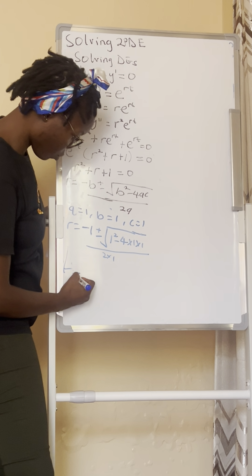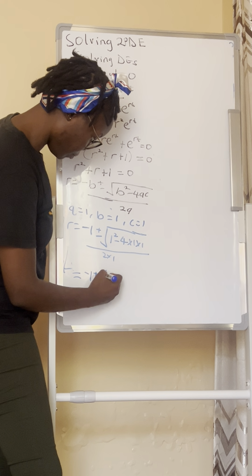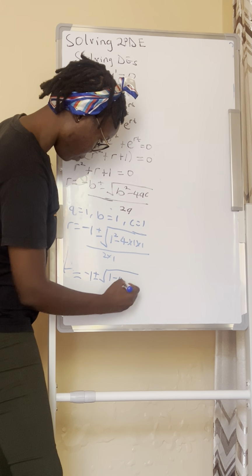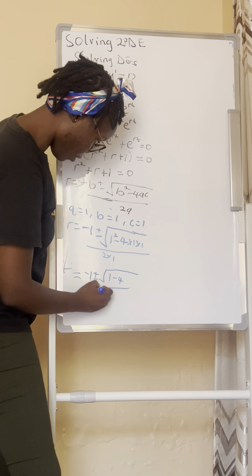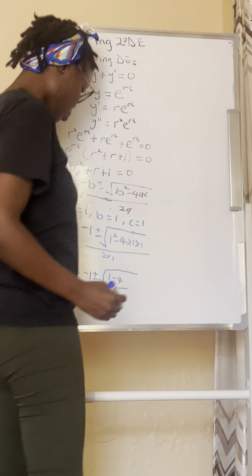In this case, we have negative 1 plus or minus the square root of 1 minus 4, over 2.